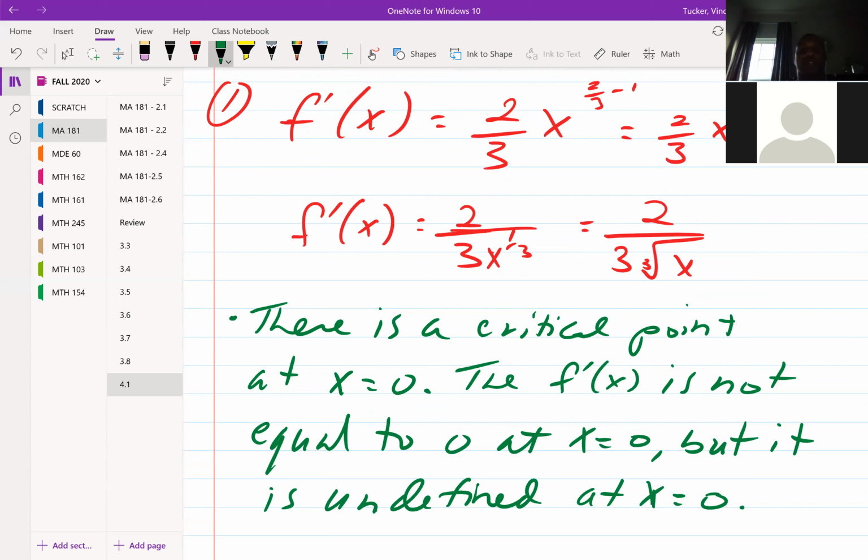All right, so there's a critical point at x equal to 0. f prime is not equal to 0 at x equal to 0, but it is undefined there. If I were to put 0 in the denominator here, that gives me 0 in my denominator. So that would be a critical point.